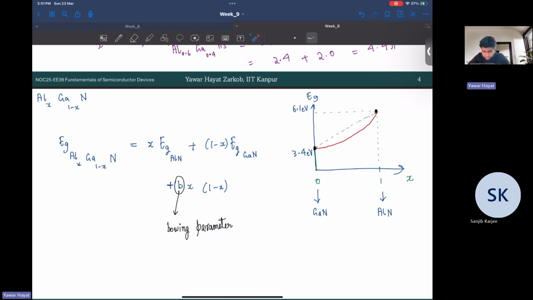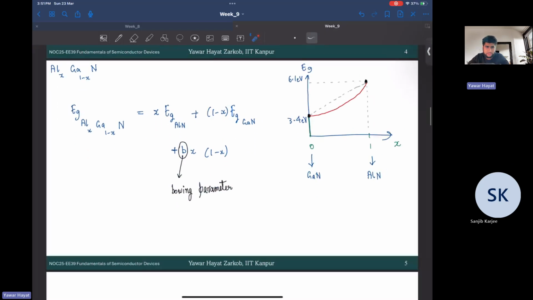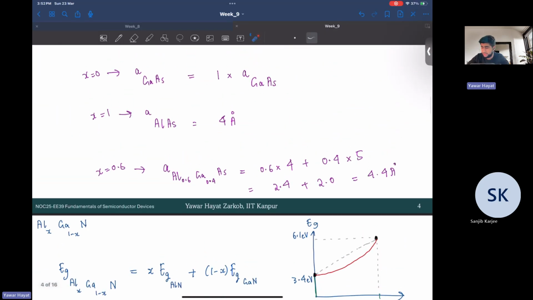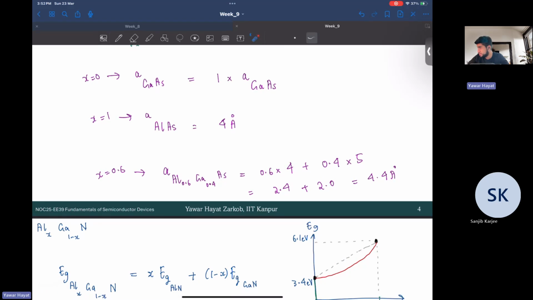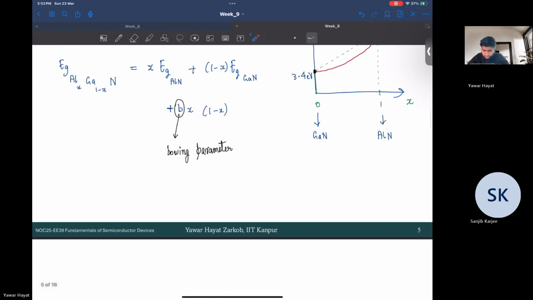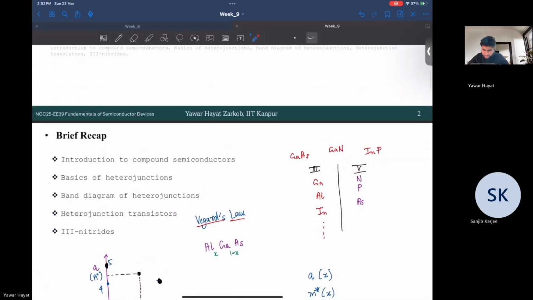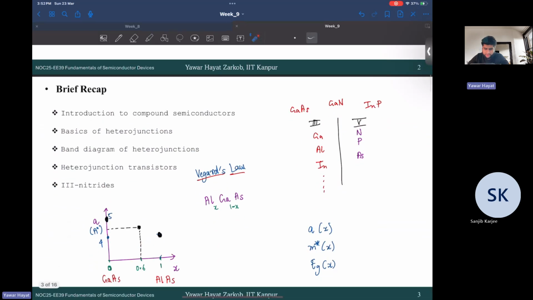That's how we compute the bowing parameter, and that's how the trend in band gap differs from the rest of the material properties. So that finishes it. We discussed Vegard's law, and we discussed the case of band gap as well.